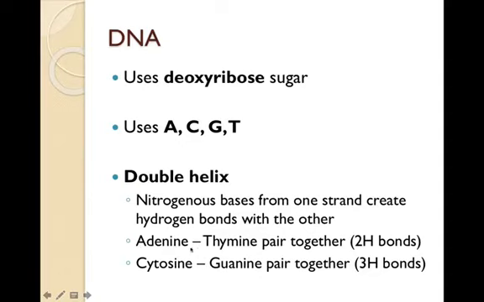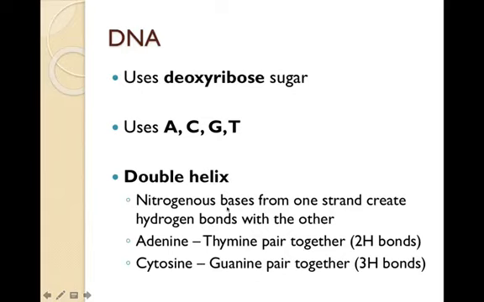Adenine in DNA will always base pair with thymine, and cytosine will always base pair with guanine. If you look closely at the chemistry, adenine with thymine produces 2 hydrogen bonds, and cytosine with guanine produces 3 hydrogen bonds. We'll see a picture of this.